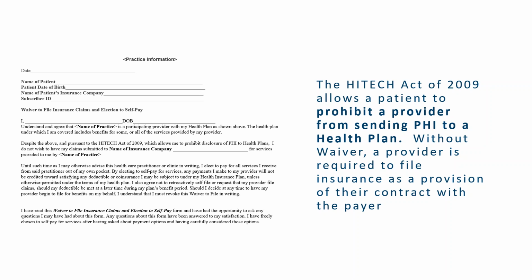And so this is an example of the insurance waiver. Of course, you may have your own waivers in your office, and this is just a sample of one. Obviously, with all forms that I show you here, you want to check with your legal department to make sure that it meets the standards of legal and compliance.